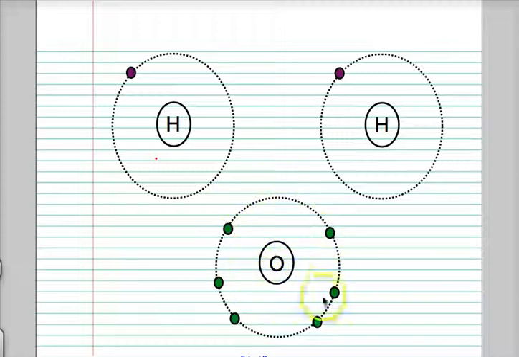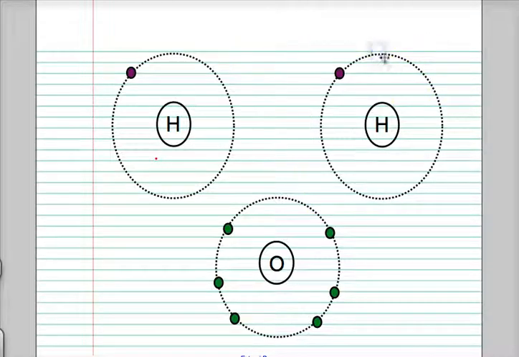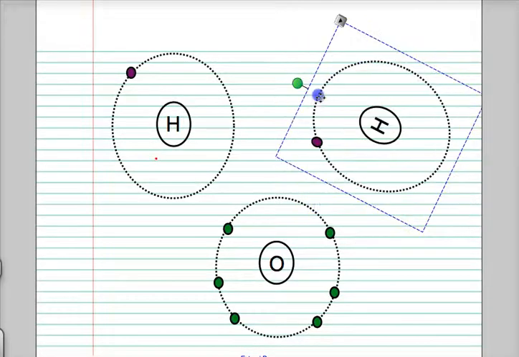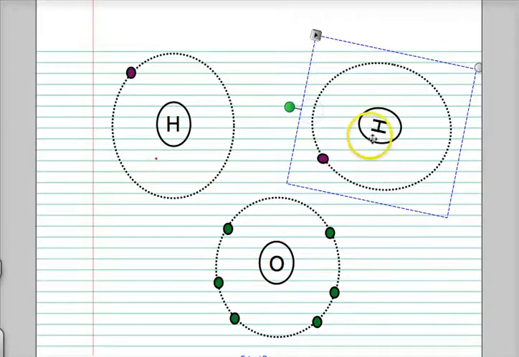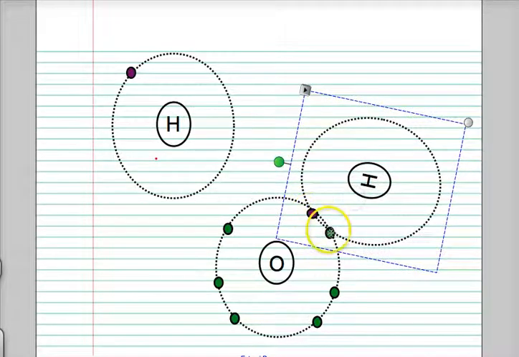It's just the valence orbital, the outer orbital, which is involved in the bonding. So this hydrogen bonds with the oxygen and it shares its electron. Let's rotate that round there and slide that in place there. It shares its electron with the oxygen.